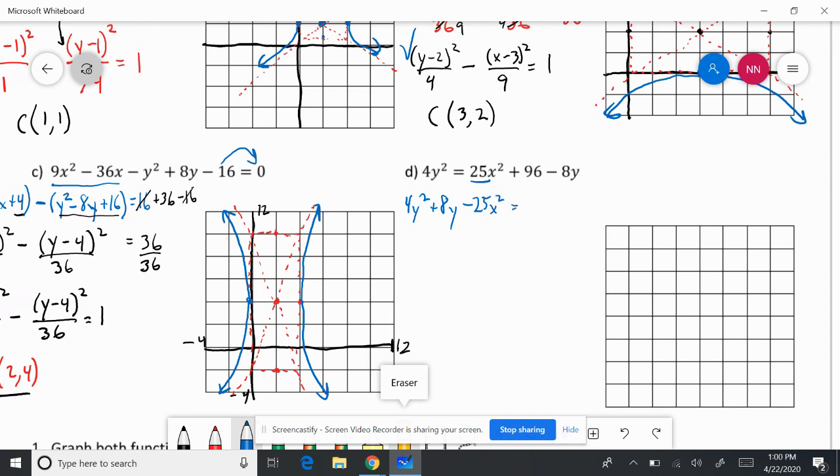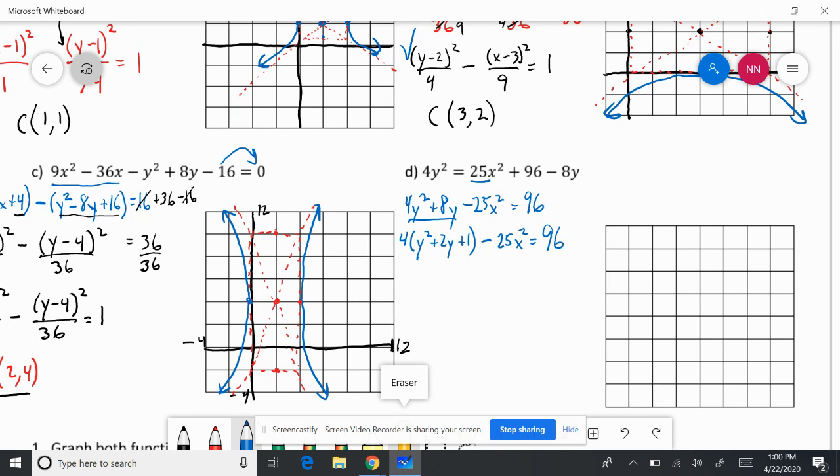Then that's equal to 96. I'm going to factor out a 4 from the y's, and I get y squared plus 2y. I'm going to complete the square, divide it by 2 and square it, which is 1. And with the x's, it makes it really nice that there's no other x, so I leave it alone.